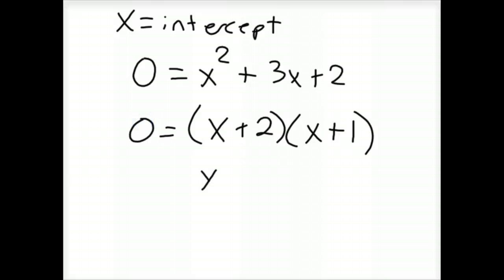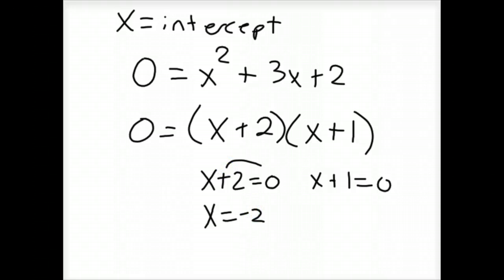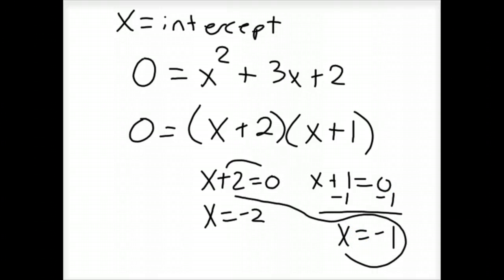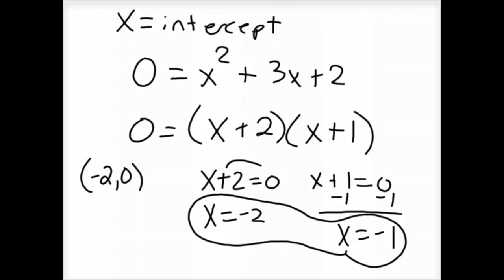You set each piece equal to 0, and that'll find your x-intercepts. So x equals -2 when you move the 2 to the right. And then if you did the same over here, x is equal to -1. So those are your two x-intercepts. It's a good idea to write those as ordered pairs. So (-2, 0) is one of your x-intercepts, (-1, 0) is your other x-intercept.